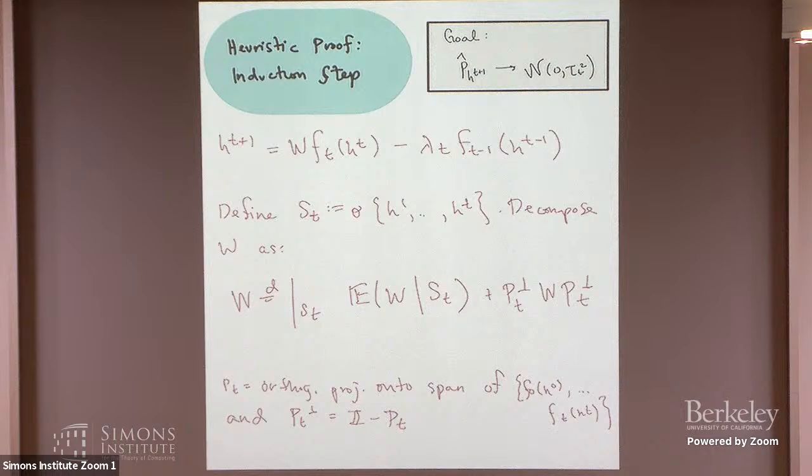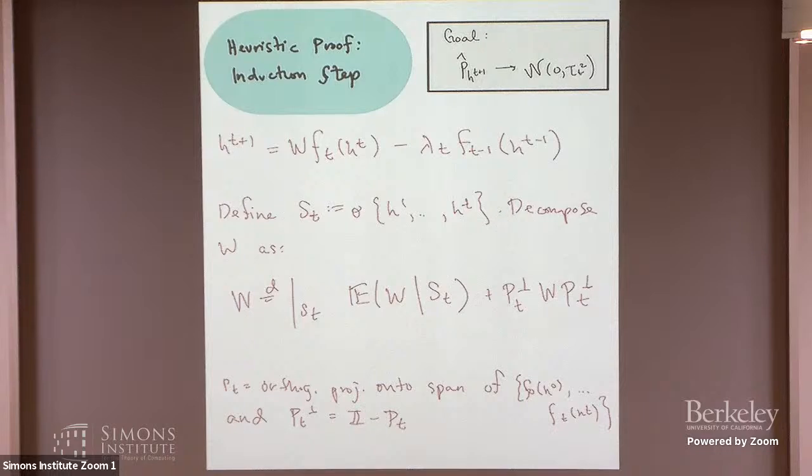Okay, and so the key part of this for us is that since our matrix W is a GOE matrix, it's symmetric Gaussian, it's also rotationally invariant.